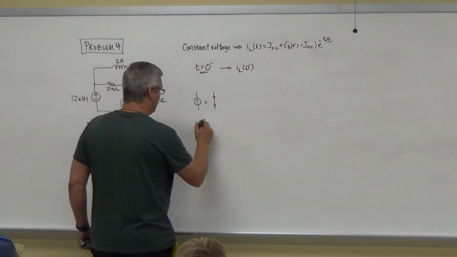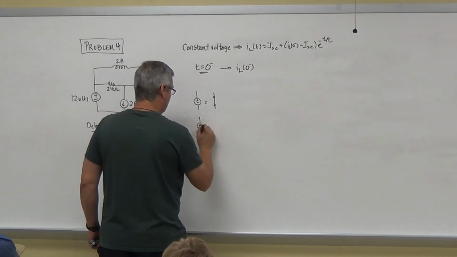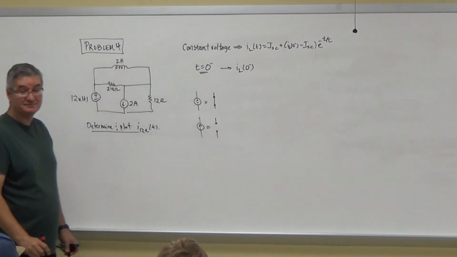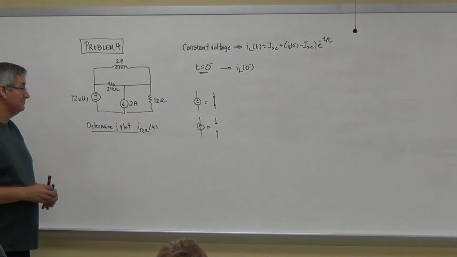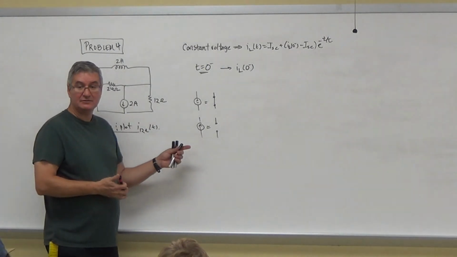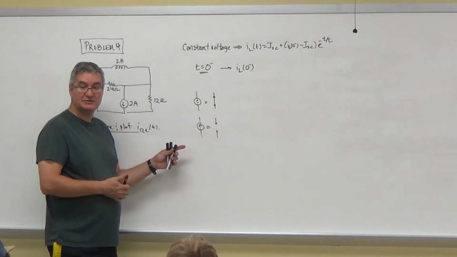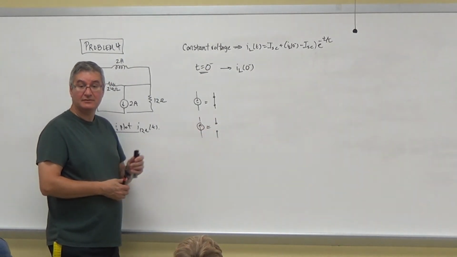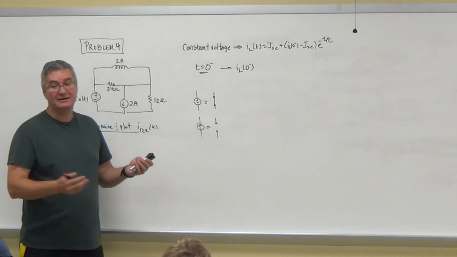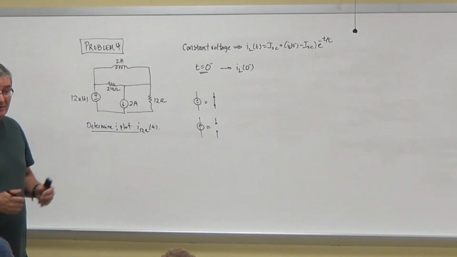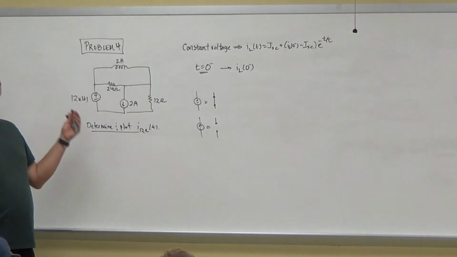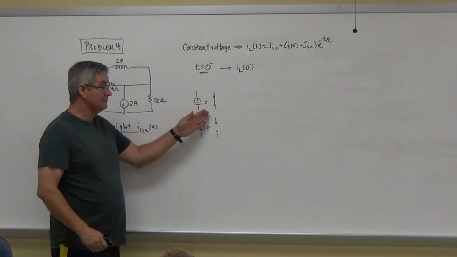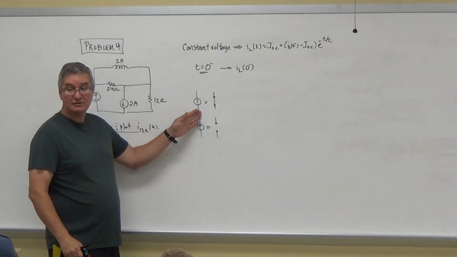If I have a current source, I put an open. There were probably about 10 to 20 of you that put a short on the current source, and that's a simple mistake. Make sure you correct that.